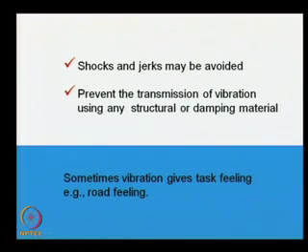What can be considered? Shocks and jerks may be avoided. Prevent the transmission of vibration using any structural or damping material. So, this may be considered while attempting a design of such type of equipment.